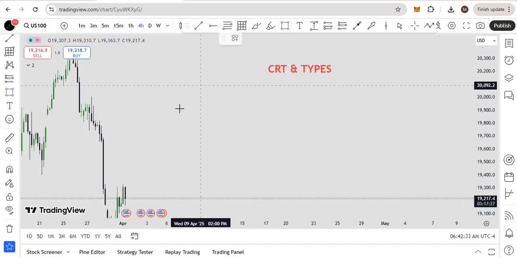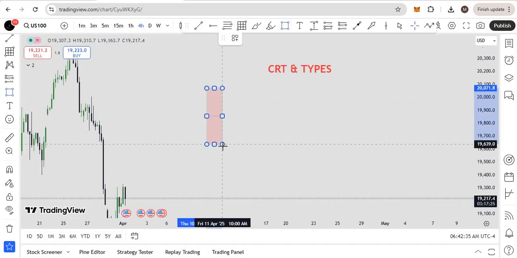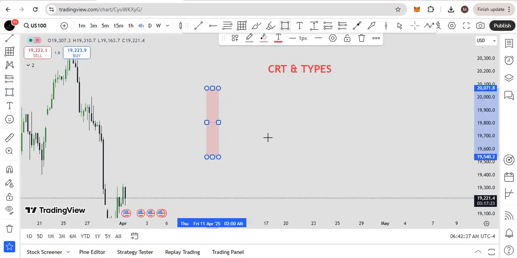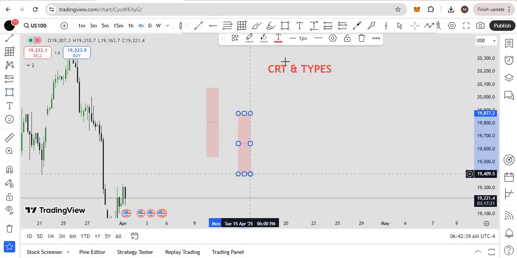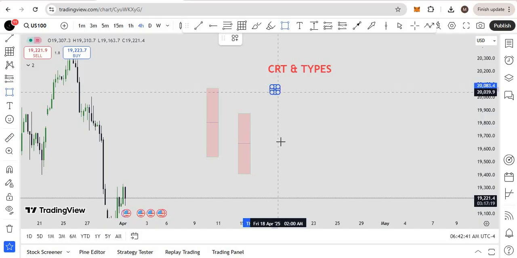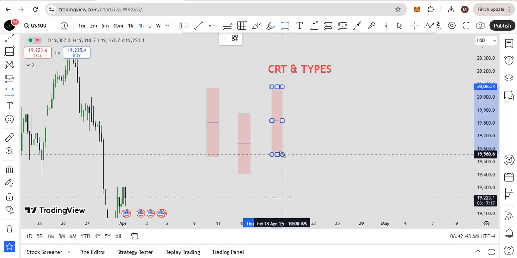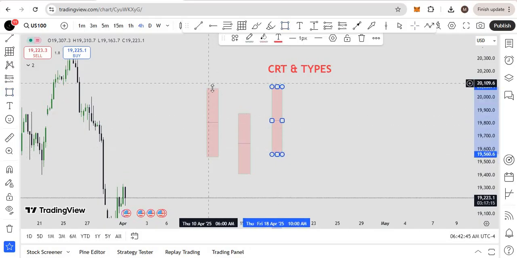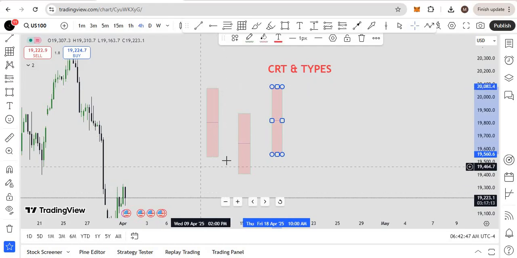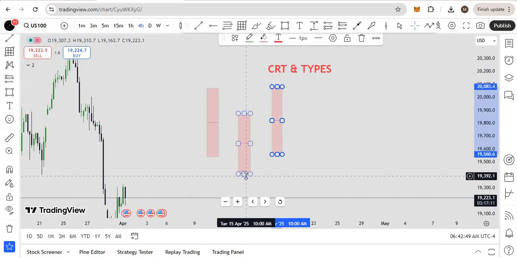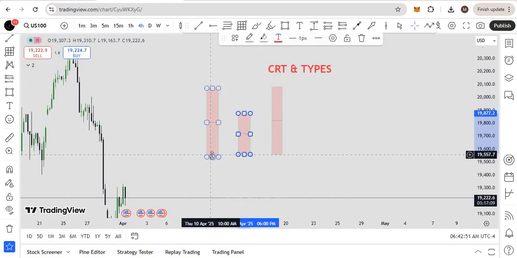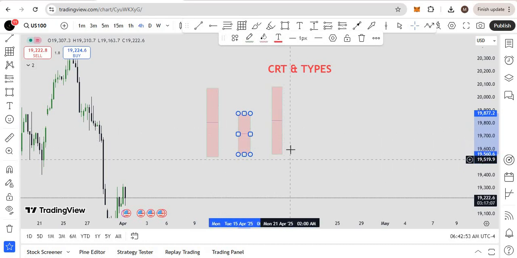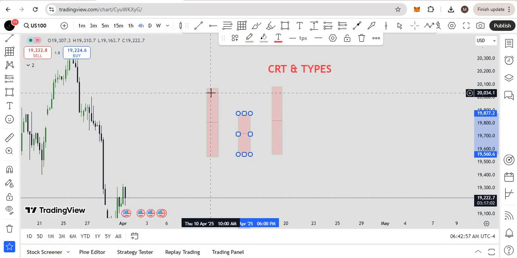But if you look on the internet, you mostly see the basic CRT model with three candles. The first candle is the range, and they mark out its high and low. The second candle takes the sweep of the first candle's low or high, and the third candle distributes to the opposite side of the first candle.